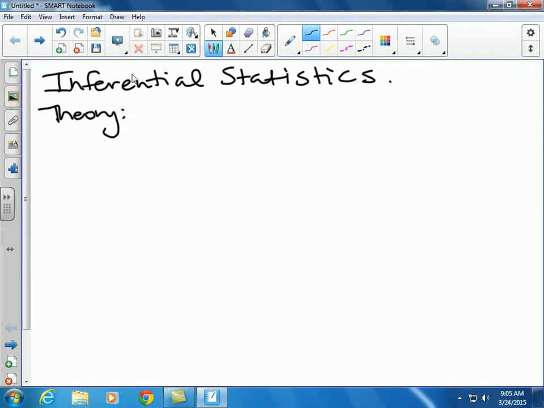And the theory is we need a very special theorem called the central limit theorem in order for us to move forward in the inferential statistics side. And it says a couple things, okay?